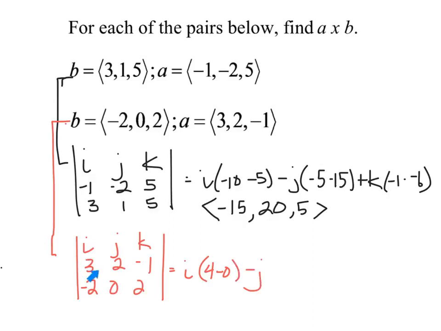J will be 6 minus 2. Then 0 minus -4. So I've got 4, -4, and 4. And again, I is 4. Here is 4, but we have this negative out front that's applied. And here it's 4. So there's our cross product.